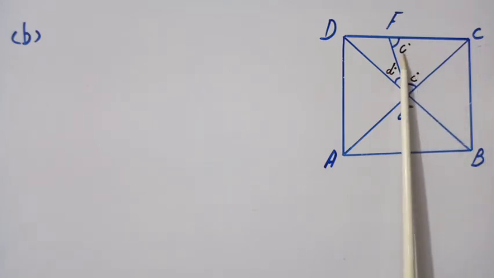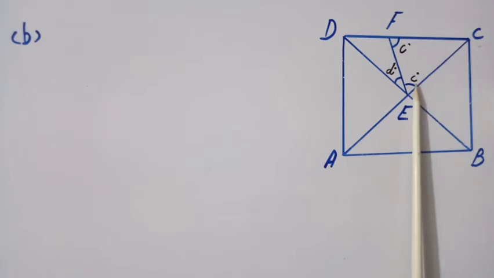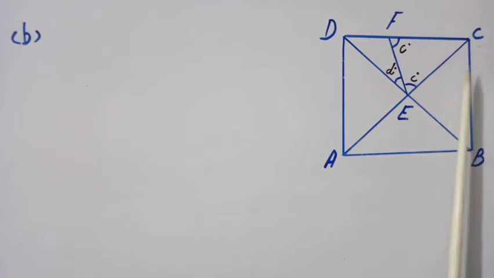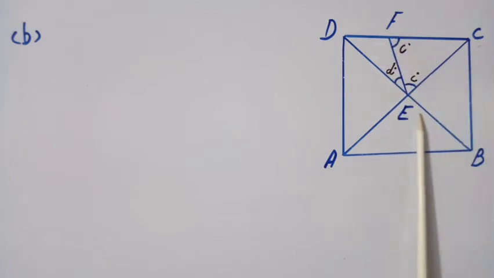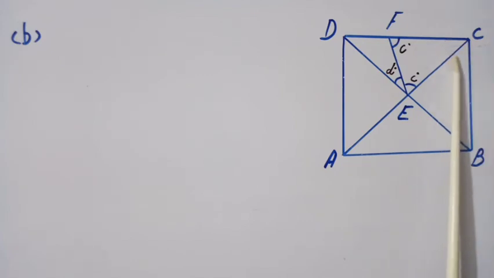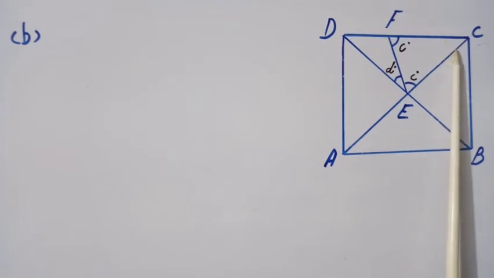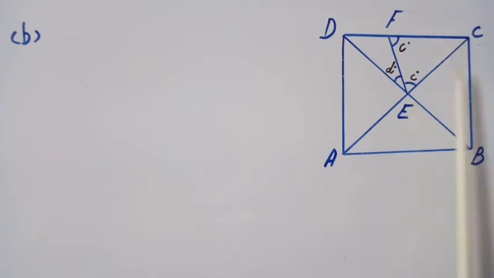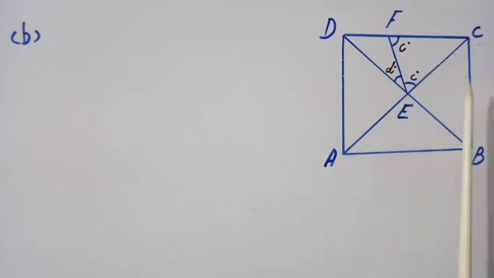First we find the angle C. To find angle C, we consider the triangle CEF. In this triangle, this angle is looking unknown, but this is known. Don't you think this is half of the 90 degree? Yes, this is the diagonal and it is bisecting this 90 degree angle.